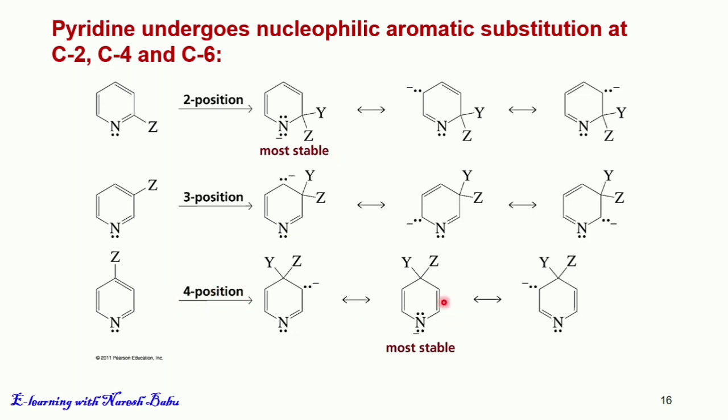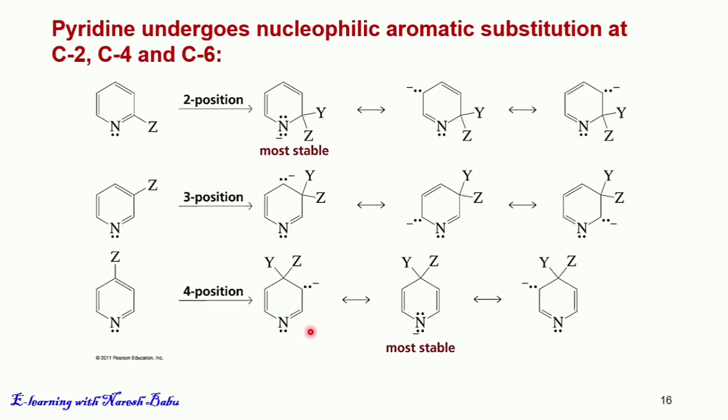The fourth position also gives the negative charge on nitrogen, a more stable form, but in the third position and fifth position we cannot observe that negative charge on the nitrogen atom. So among these, the second, fourth and sixth positions give more stable forms. That's why the nucleophilic attack is mostly preferred at either the second position, the fourth position or the sixth position.